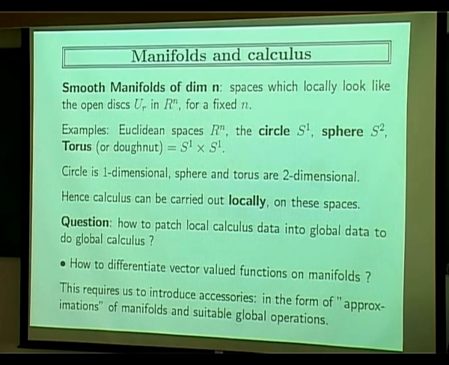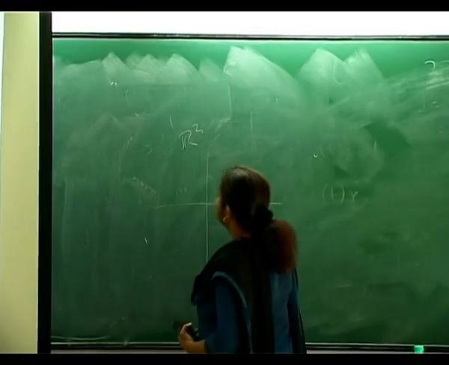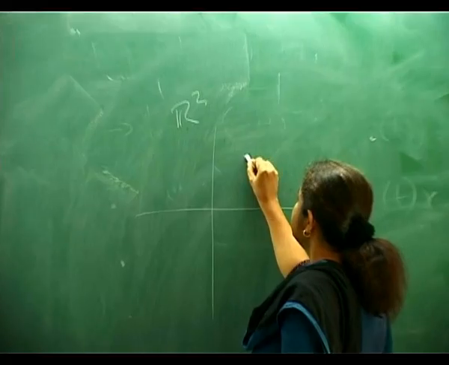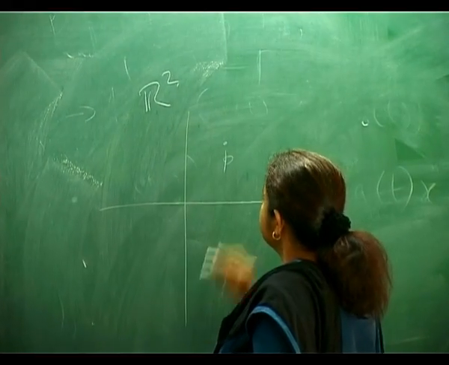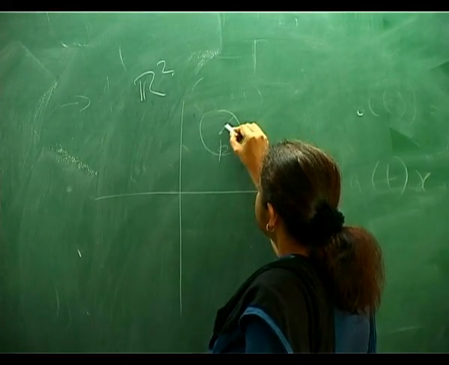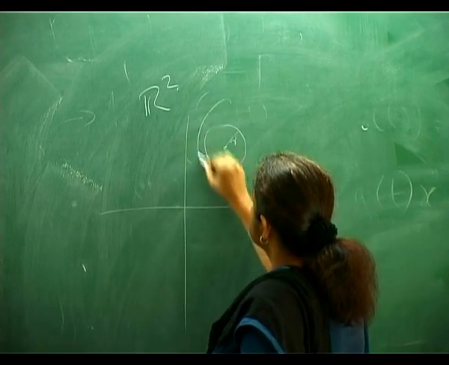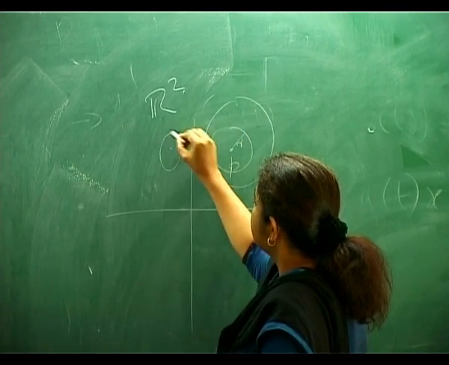Locally, what you have in your n-dimensional Euclidean space are the open disks. You start with your n-space. For example, this is your two-dimensional plane, and you choose any point on your plane, and then you have different neighborhoods of radii r and so on. This you can do for any given point.